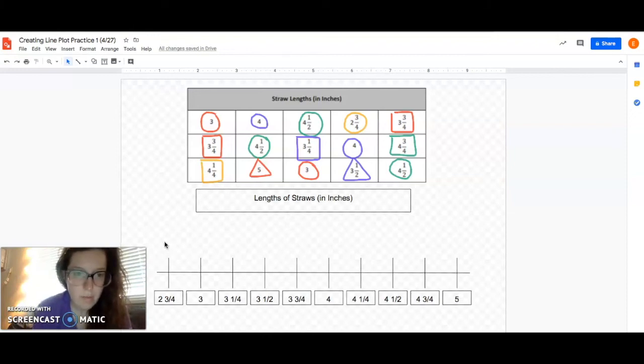So oops, wrong color. There we go. Okay, so 1 x for 2 3/4. For 3, it looks like, oh, there were 2 red circles there. So I know there were 2 3s.